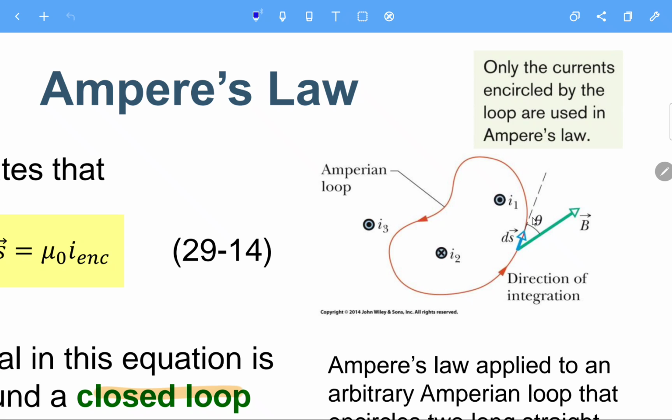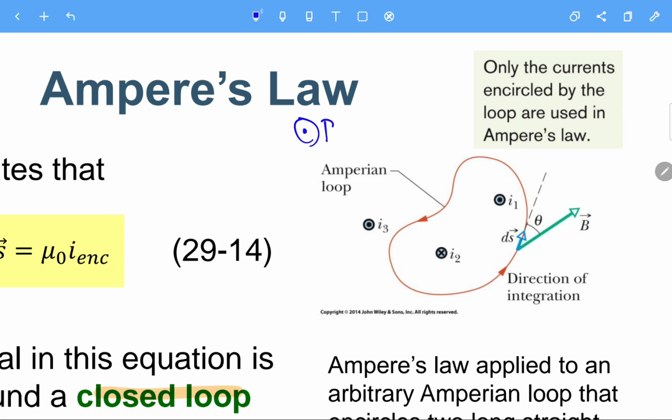So now we define the Ampere's loop like this, counterclockwise, so that you use the right hand rule. You use a forefinger to follow the loop, and then the positive direction will be out of the page.